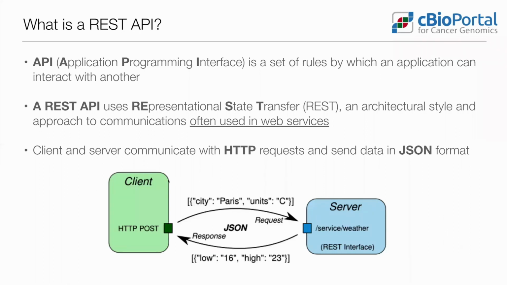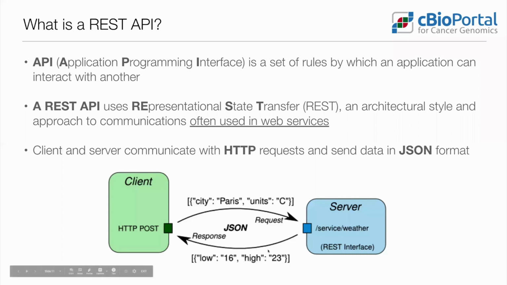Here's an example. We have a post request from a client. They send over this structure, which is JSON format. It's not too complicated. You see some sort of array here and then a map of key to values. And that goes to a server, to a particular address, a particular URL here: /server/weather.